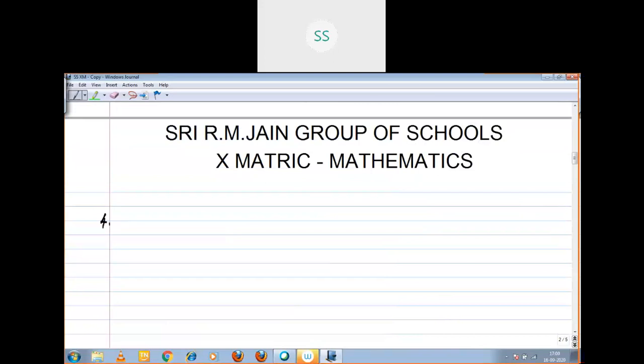From a point on the ground, the angle of elevation of the top of the statue is 60 degrees, and from the same point the angle of elevation of the top of the pedestal is 40 degrees. Find the height of the pedestal.